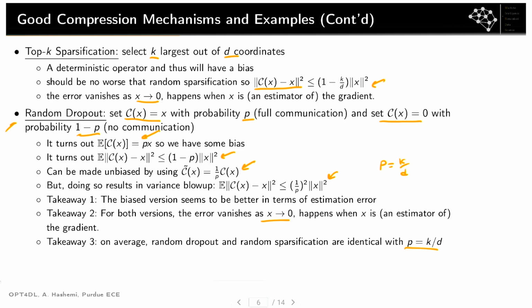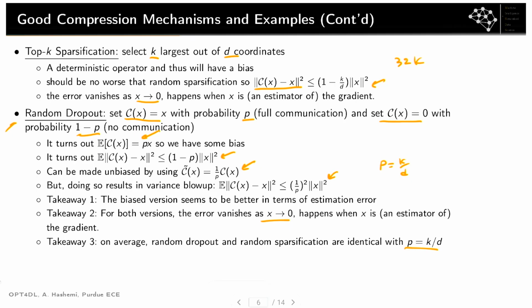For instance, in the following scenario, you may not even be able to implement random dropout. Let's say that in each communication round, my agent can only send a certain number of bits, let's say only 32 times K bits. Then I'll be able to utilize random sparsification, because regardless of the fact that my operator is randomized, I will be sending only K coordinates, using 32 bits to represent each coordinate.